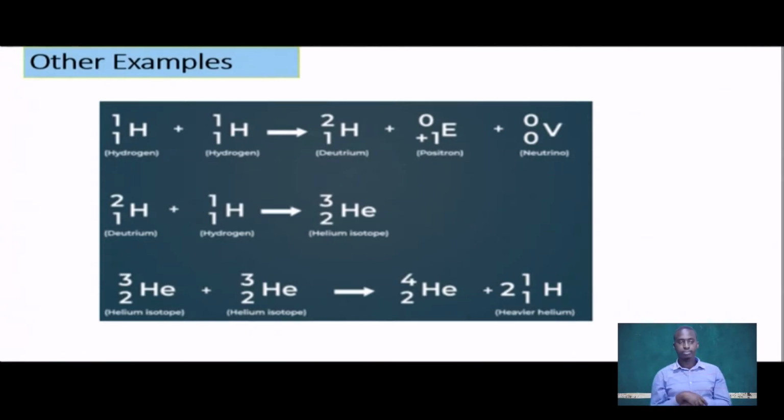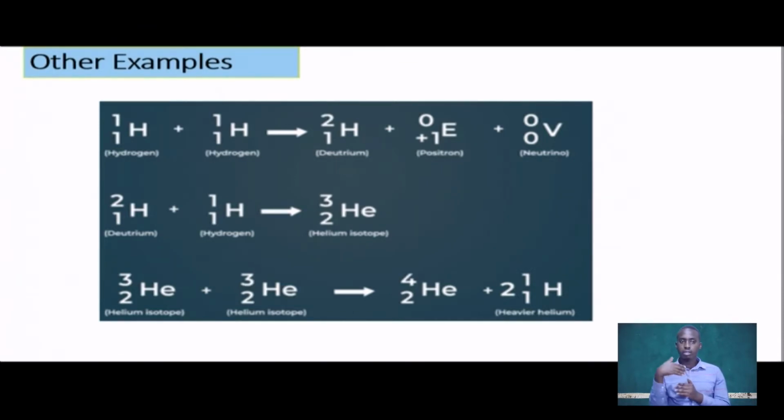And here, that deuterium, or hydrogen 2, combines with hydrogen 1 to give helium 3. This is an isotope of helium. And then the 2 isotopes of helium combine to give this heavy helium, helium 4, together with 2 hydrogen.